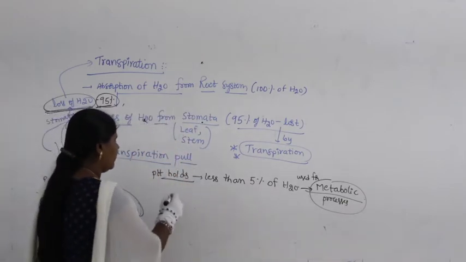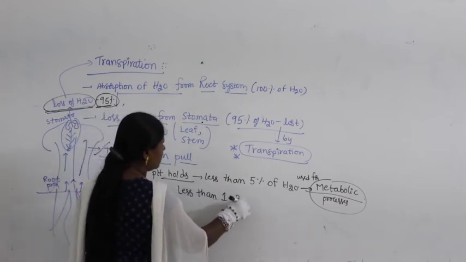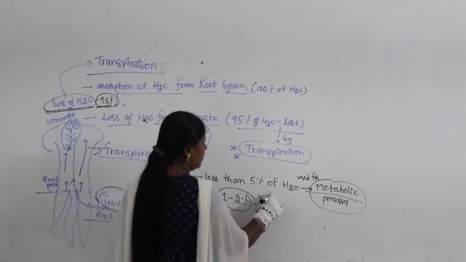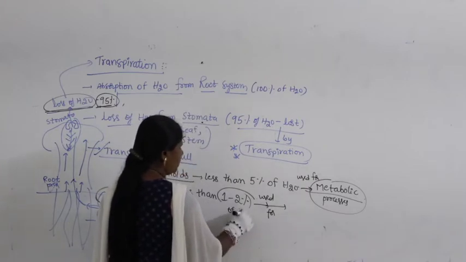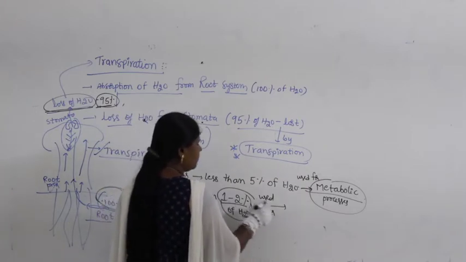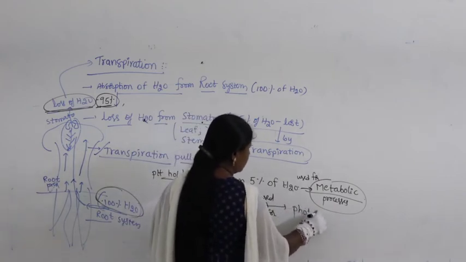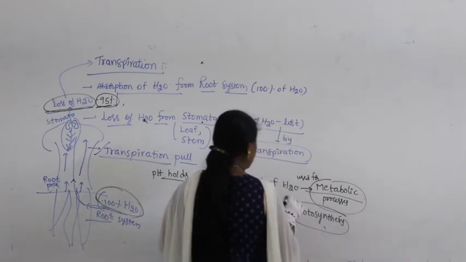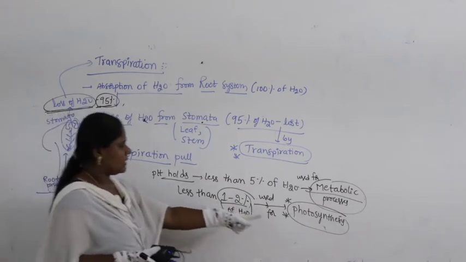Now, of that, less than 1 to 2% of water is used for the process called photosynthesis. You know the major metabolic process that occurs within the plant is photosynthesis.